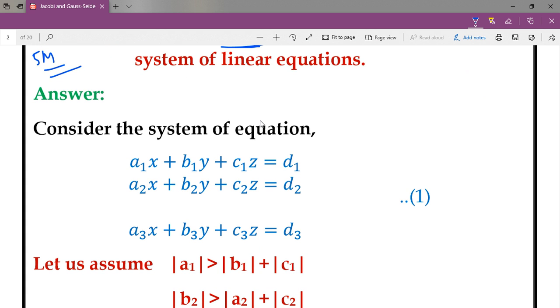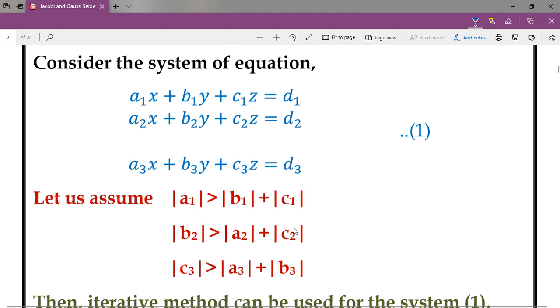Consider the system of equations a1x plus b1y plus c1z equals d1, a2x plus b2y plus c2z equals d2, and a3x plus b3y plus c3z equals d3. We know that this system has a solution only if the coefficient matrix is diagonally dominant.